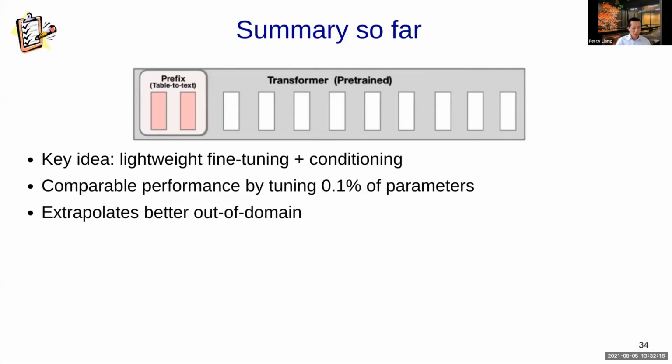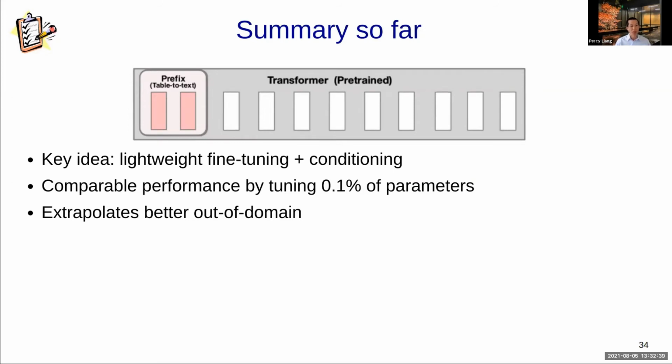So, to summarize so far, we introduced this idea of prefix tuning, which is kind of a marriage of two ideas: fine-tuning, and more generally lightweight fine-tuning, where you modify the parameters via backpropagation, and prompting, which is really about conditioning.